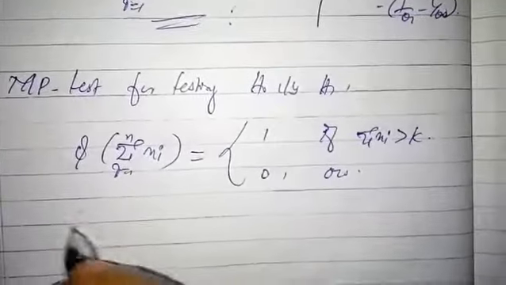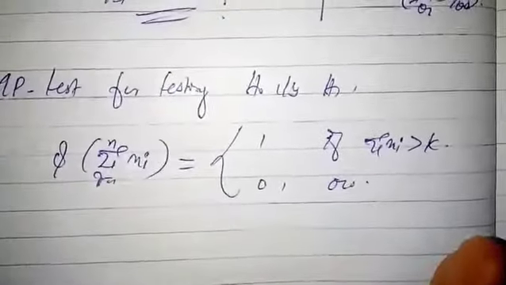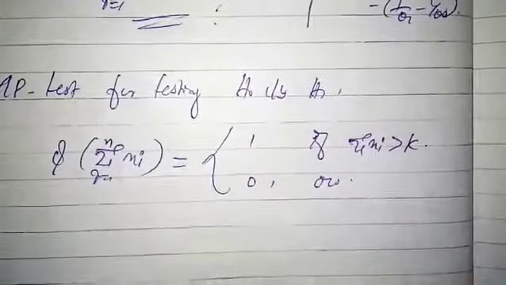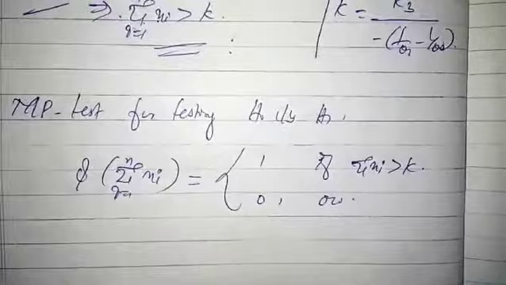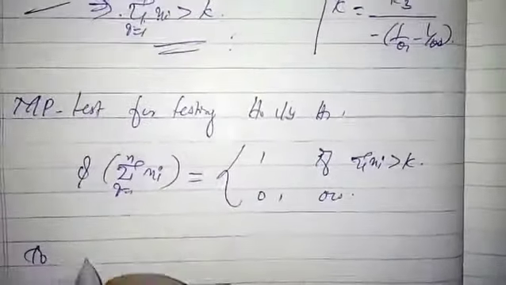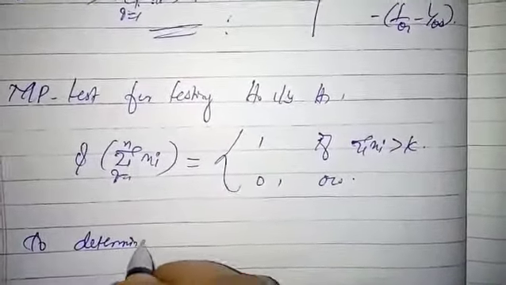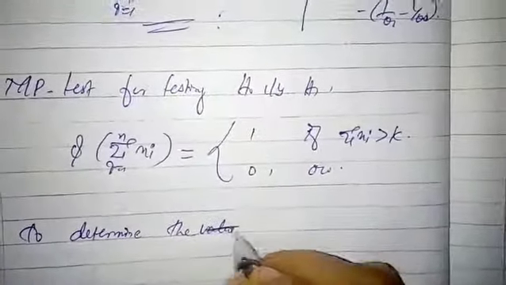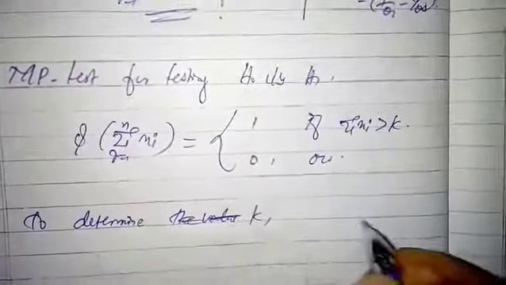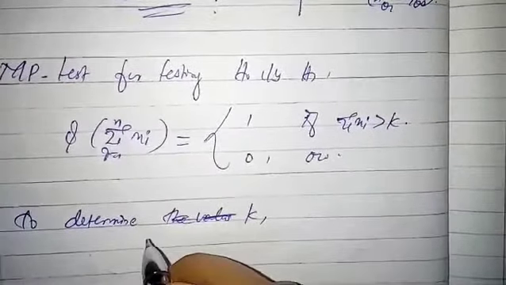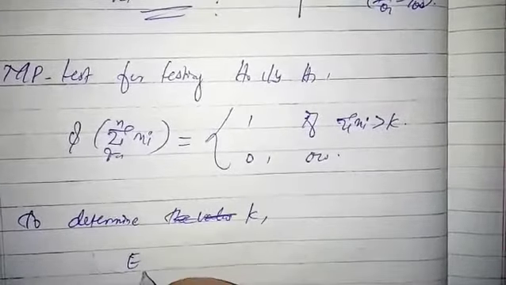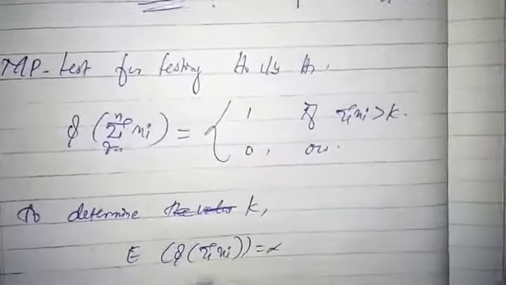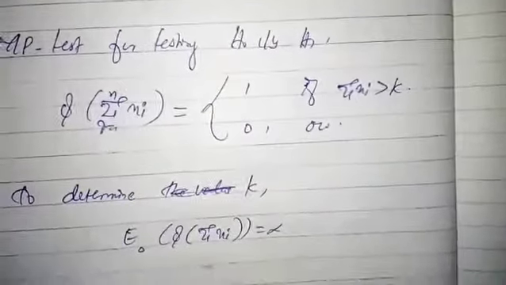Then here we want to determine the k value, the critical value, by using the size of the test. To determine k, we have to use the size of the test, that is the expectation of phi of summation xi equal to alpha, right.